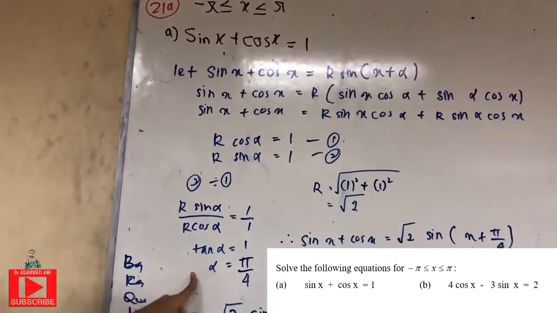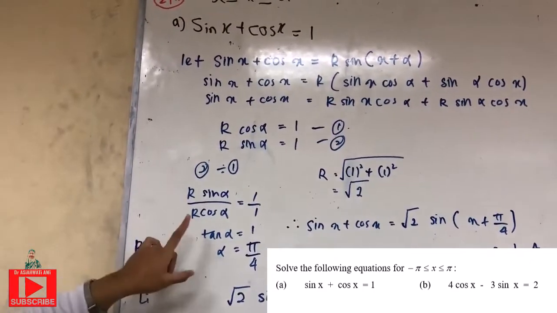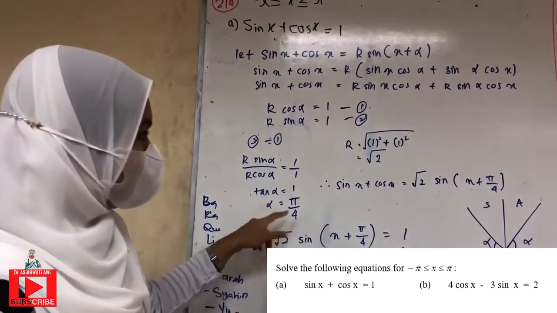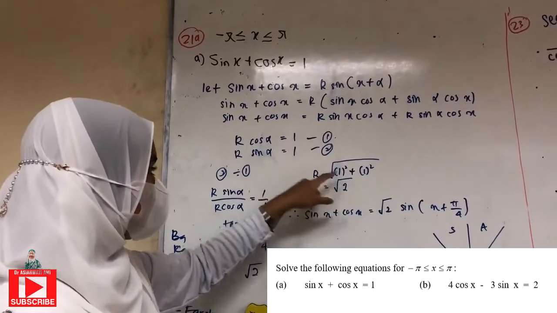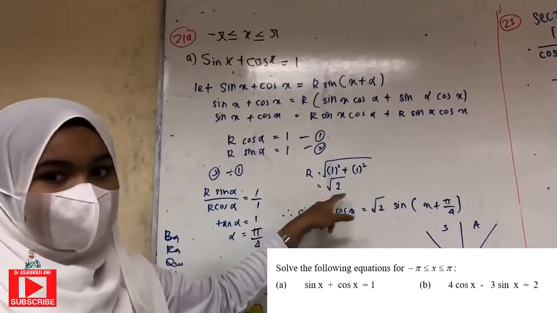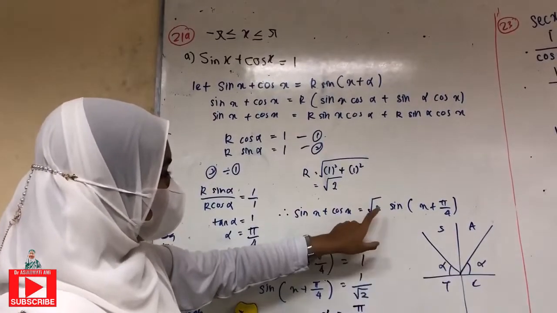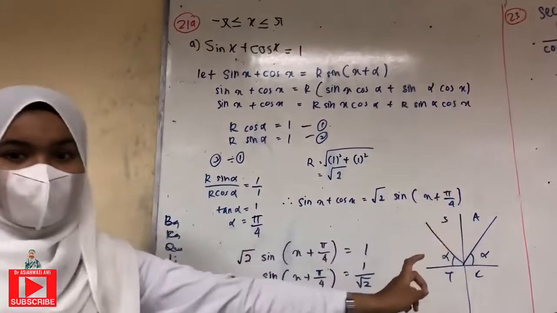Untuk cari basic angle, kita boleh guna equation 2 bagi equation 1. Kita akan dapat tangent alpha sama dengan 1 iaitu pi per 4. And then untuk R, kita guna Pythagoras theorem. 1 square tambah dengan 1 square dapat square root 2. Dan kita akan tulis balik dalam form ni iaitu root 2 sin (x plus pi over 4).